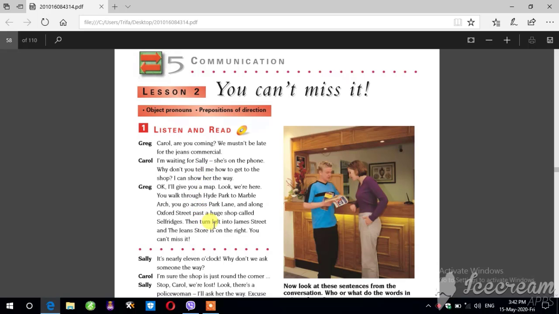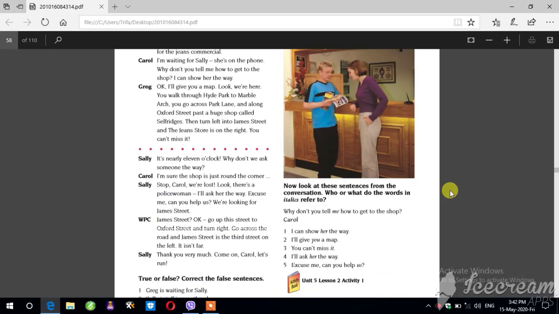And if you look at some other examples, there are many good examples. Like what? I'll ask her the way. Her is object pronoun. Excuse me. Excuse is a verb.